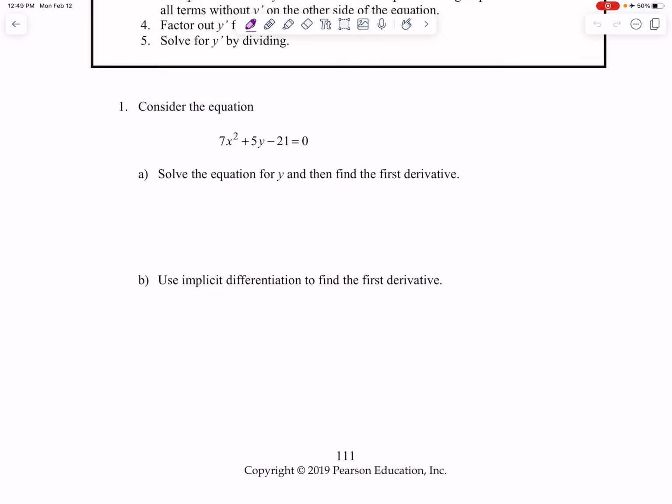Here we have an equation, 7x squared plus 5y minus 21 equals 0. First, let's solve the equation for y and find the derivative. This is what we're used to.